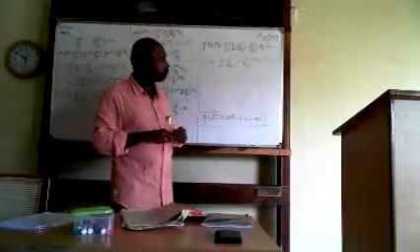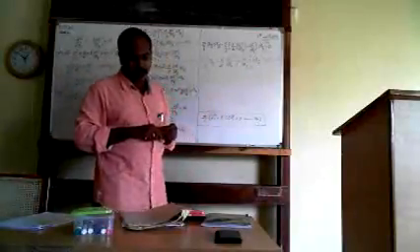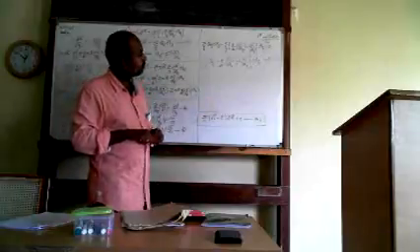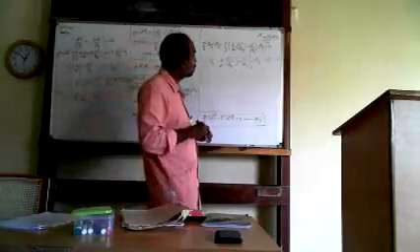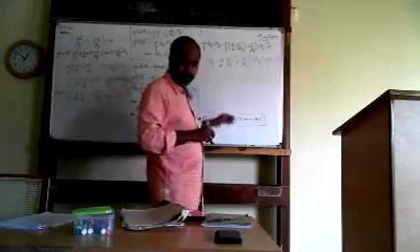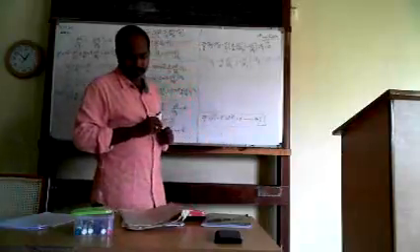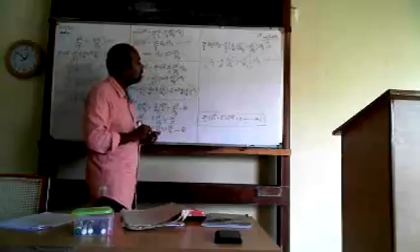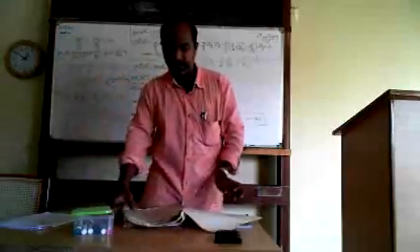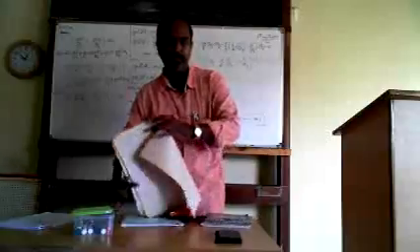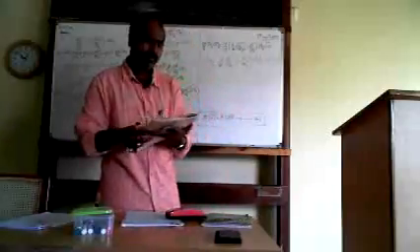So, for equation 7 to hold for all values of delta qj's, the term inside the bracket should be 0. The term inside the bracket should be 0.